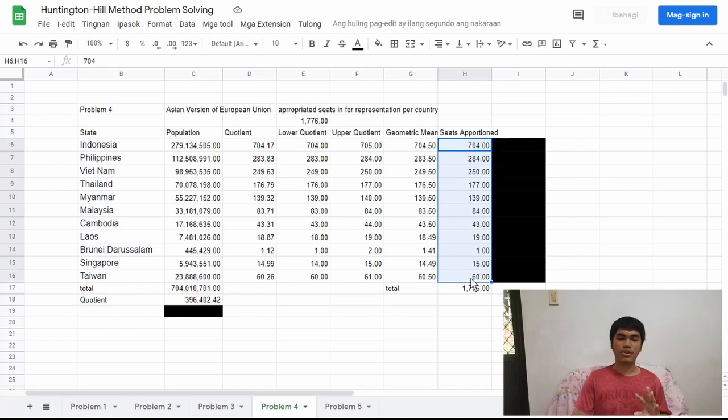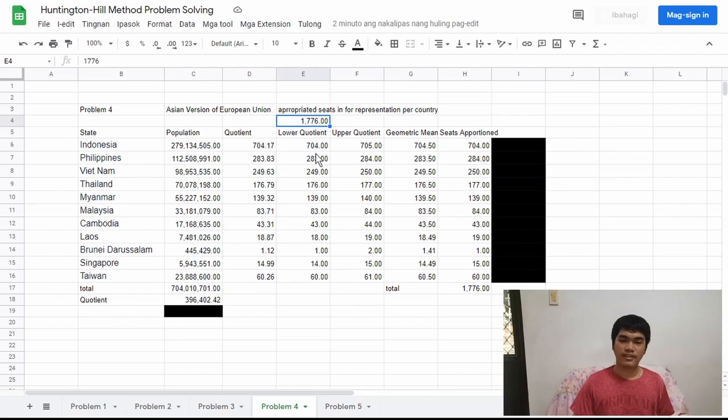So if you total all of that, you got 1776, which is right on the mark on the appropriated seats to their hypothetical Asian version of the European Union.